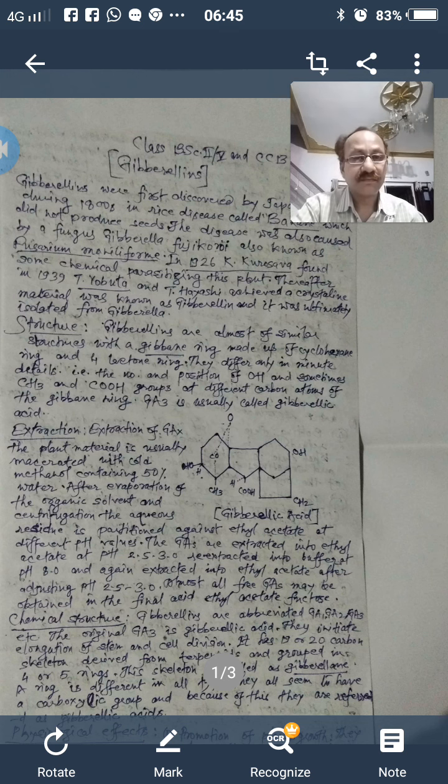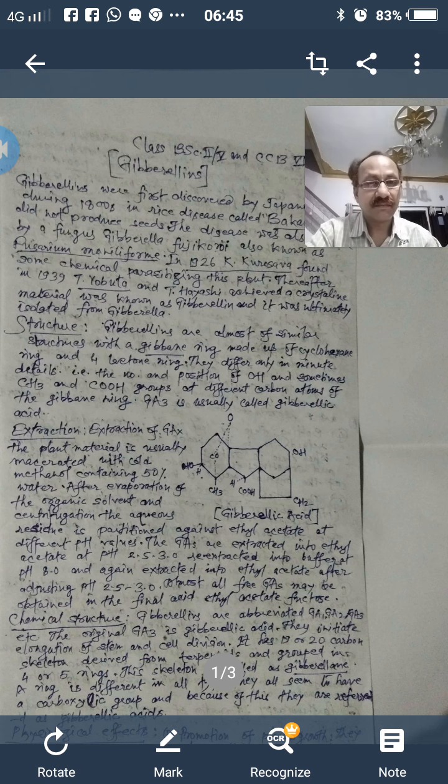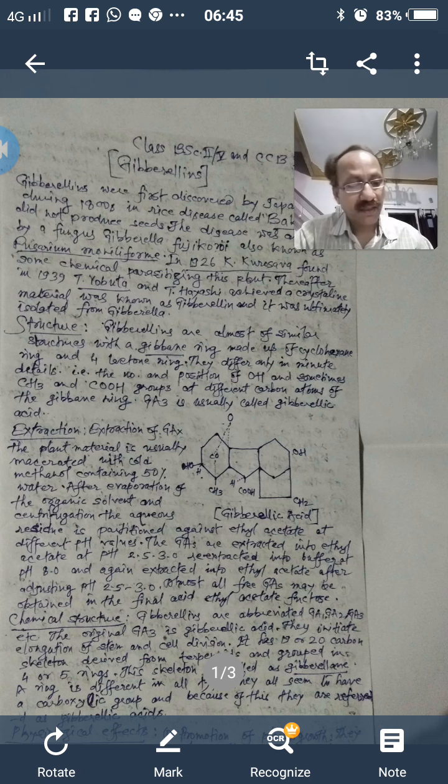Extraction. Extraction of GAs, its GA1, GA2, GA3 derivatives. The plant material is usually macerated with cold methanol containing 50% water. After evaporating the organic solvent and sonication, the aqueous residue is partitioned against ethyl acetate at different pH values.